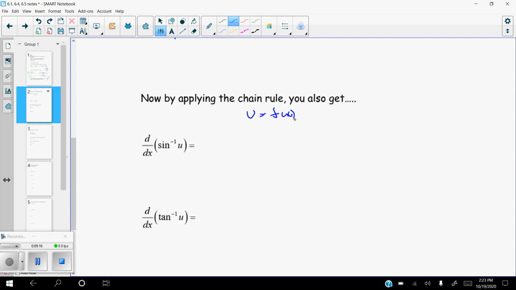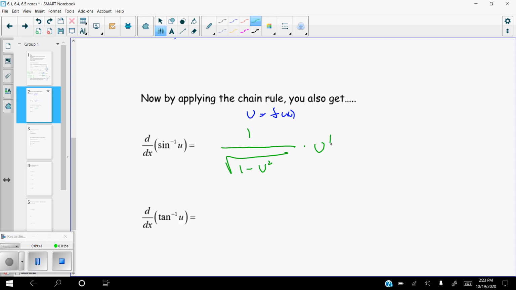Okay, it's no different than the chain rule that we've been doing before. You would take the derivative of the inverse sine part, and you're going to get 1 over square root of 1 minus u squared. Whatever is there in that place, it's going to get squared. But the chain rule then says I have to multiply by the derivative of u because u is a function of x, so it's times u prime.